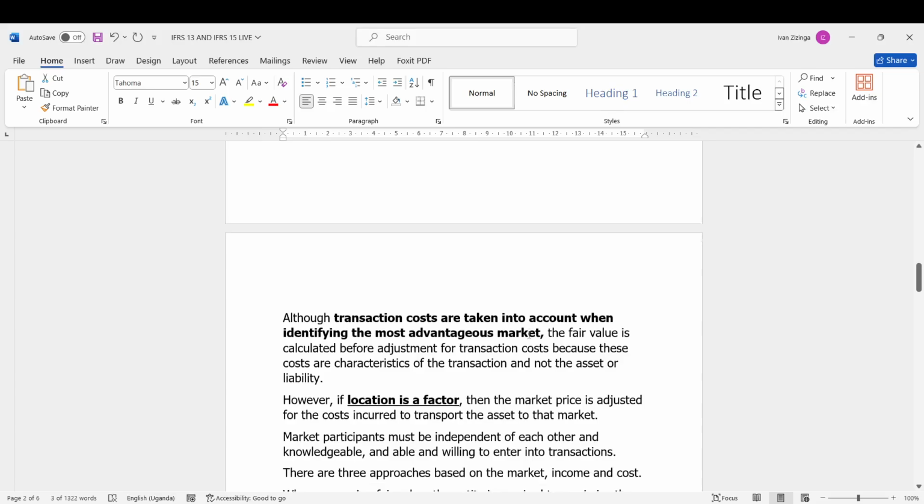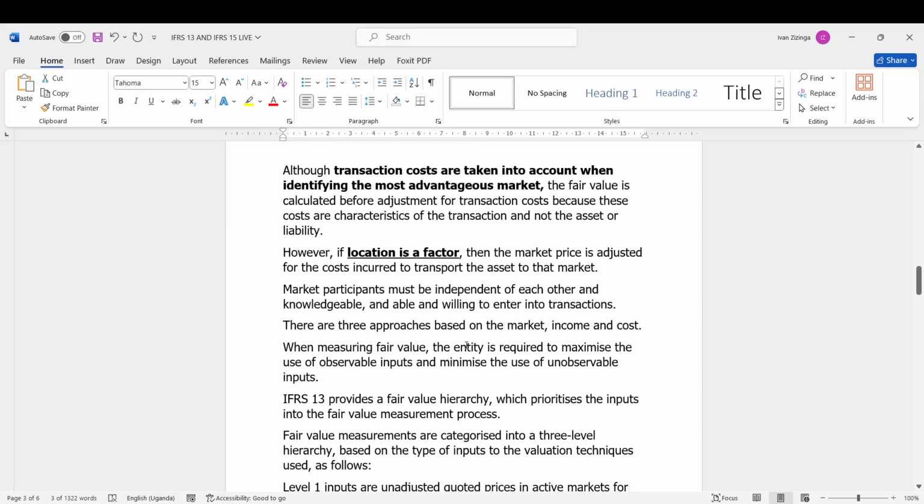Now, we also talked about having an orderly transaction where market participants have enough information and are not forced. That's why the standard clearly tells us that the market participants we talked about in the definition of fair value should be independent of each other.